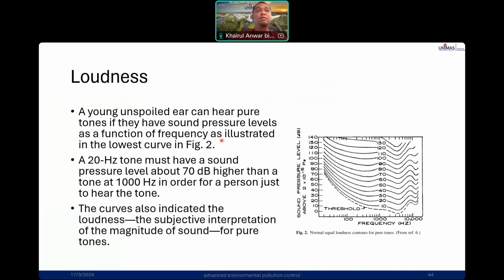So loudness. A young unspoiled ear can hear pure tones if they have a sound pressure level as a function of frequency as listed in the lowest curve in figure 2.